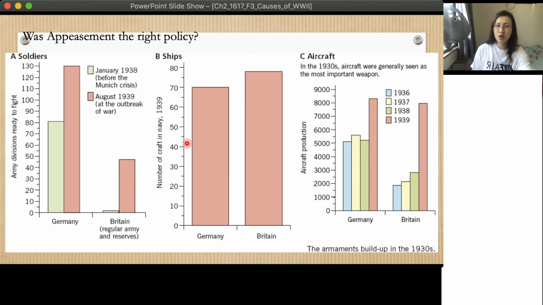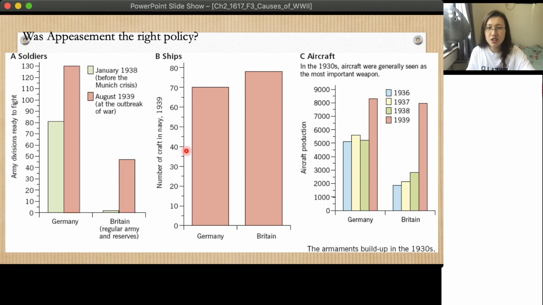But you have to know another part of this decision making about the time when Hitler remilitarized Germany. You can see, between January 1938 and August 1939, the power of Germany had largely surpassed Britain, right?